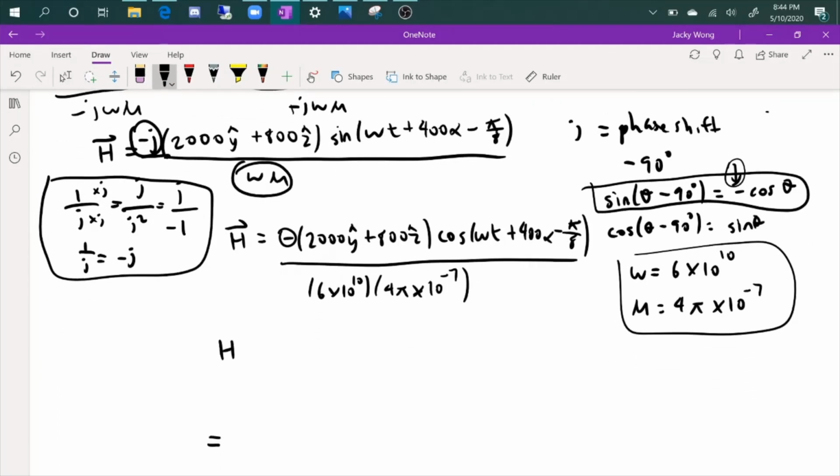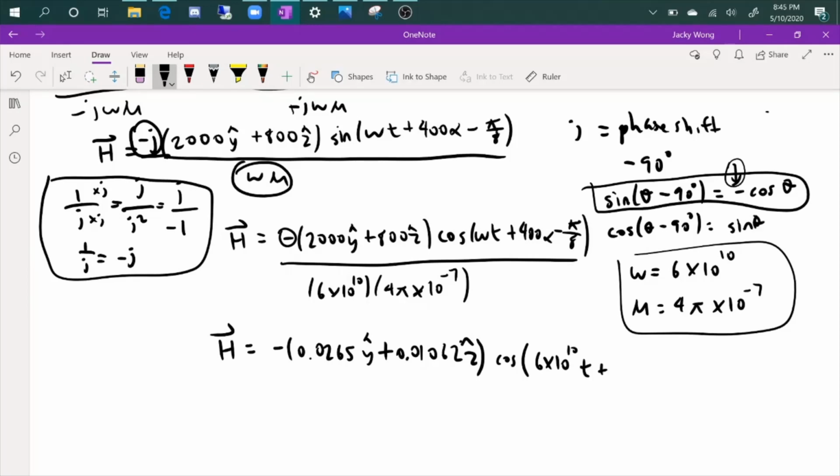The final result is equal to negative 0.0265y plus 0.01062z, cosine(omega t plus 400x minus pi over 8), but since we know omega, we can plug that in now.